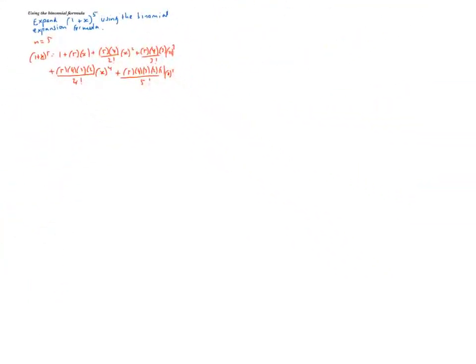Let's simplify this finally, and we get 1 plus x to the power of 5 equals 1 plus 5x plus, the 2 factorial would cancel here, so 5 times 2 is 10, so that's 10x squared.